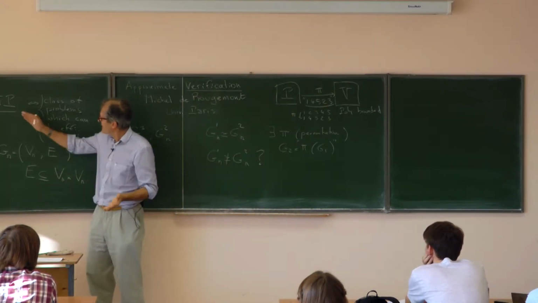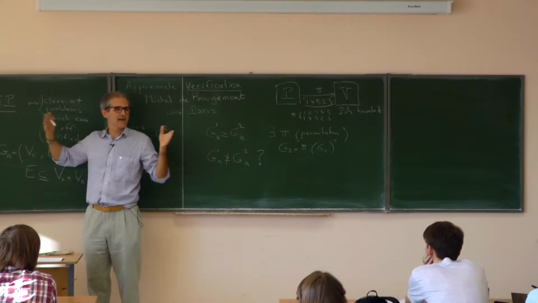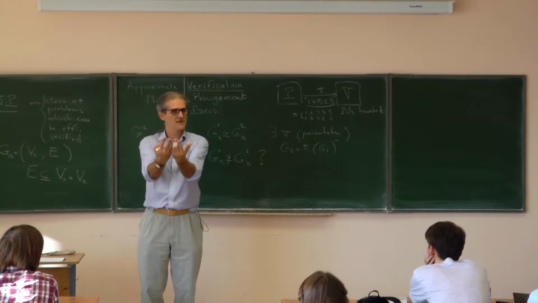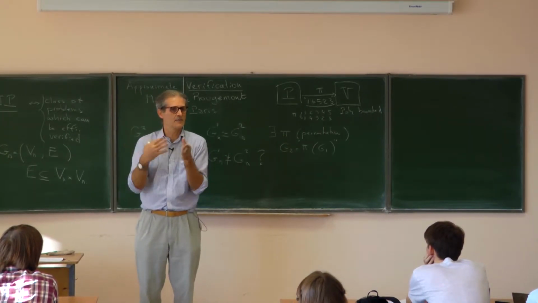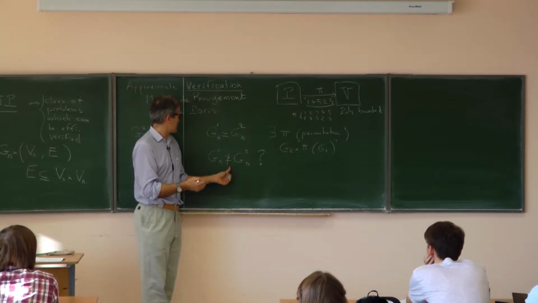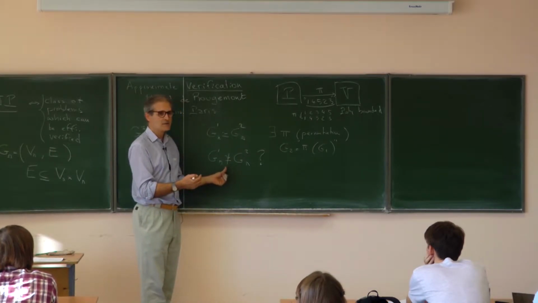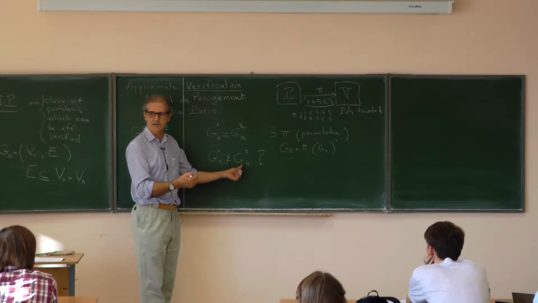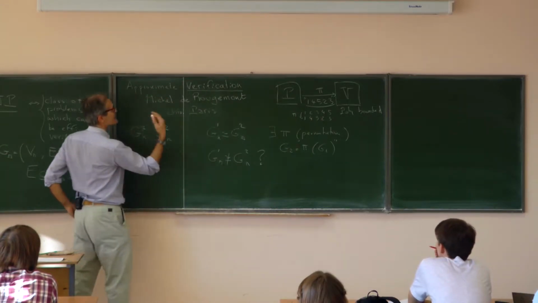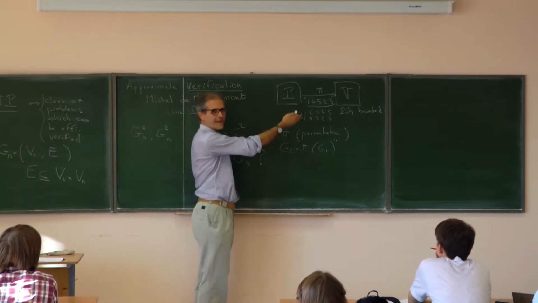That's how the NP class was built, essentially: it's a class of problems for which there is a certificate that you can verify in polynomial time. But is there a certificate to prove that G1 is not isomorphic to G2? Of course, by certificate, people think of something of polynomial length.